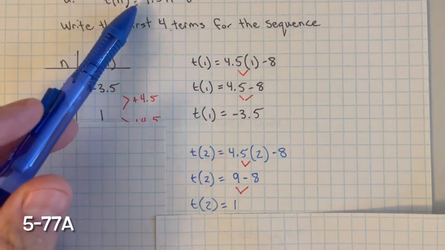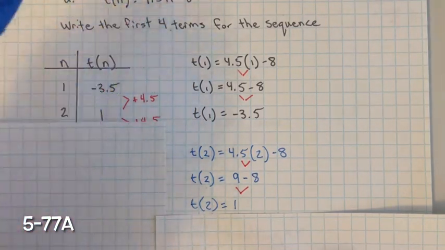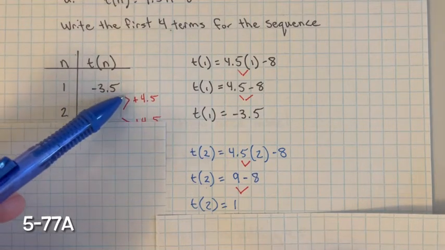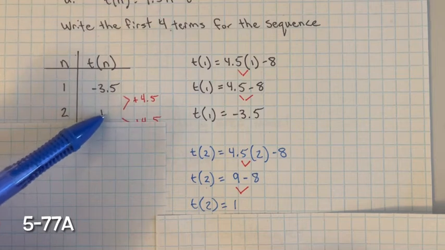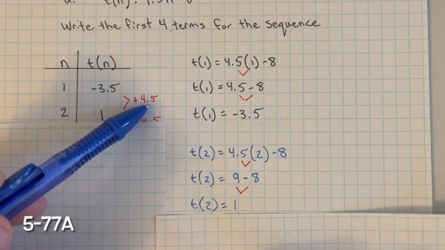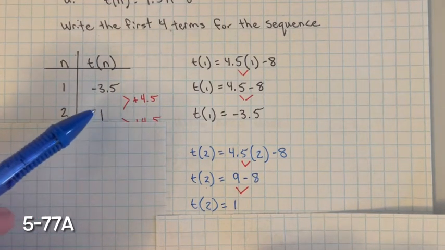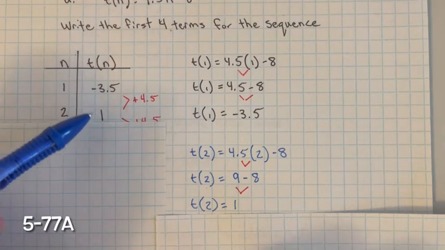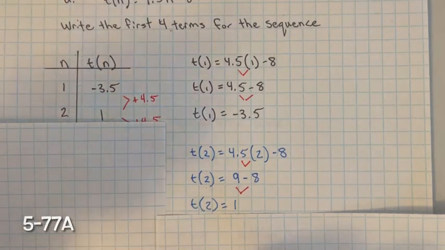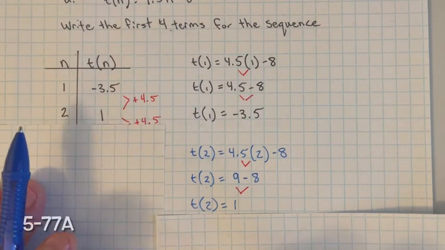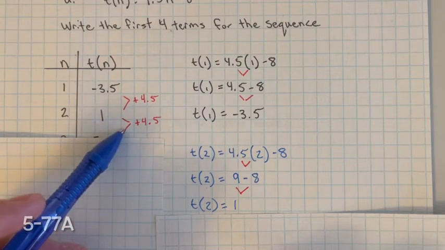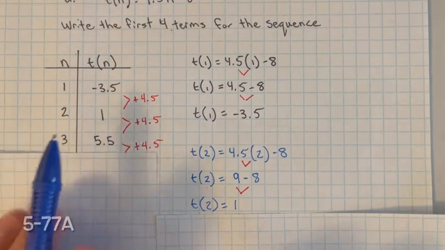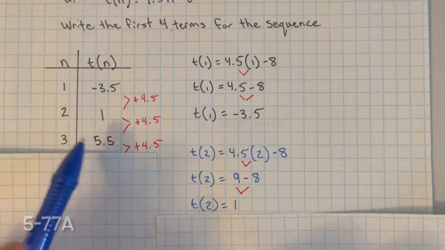Plug it into the equation, or you can see the common difference. The common difference between these two terms, term 1 and term 2, is adding 4.5. And since sequences have a constant difference, you're adding 4.5 to 1, which would give you 5.5.